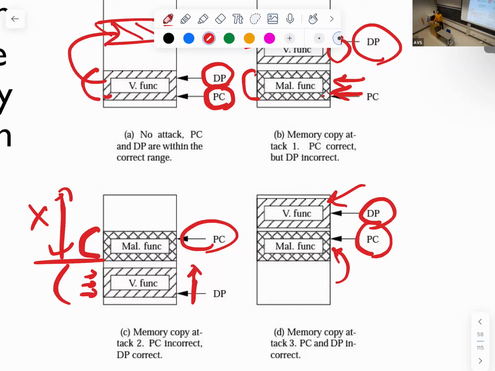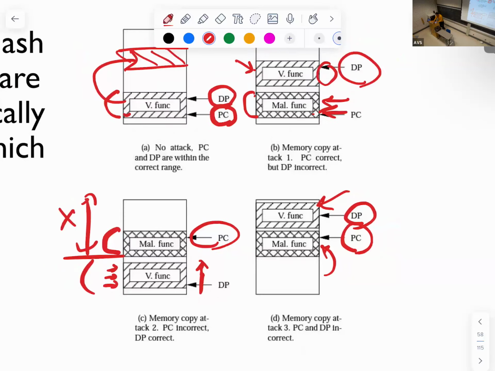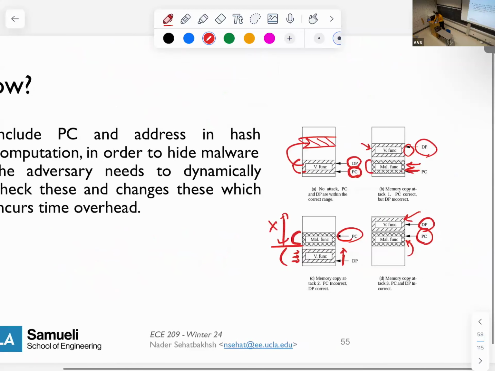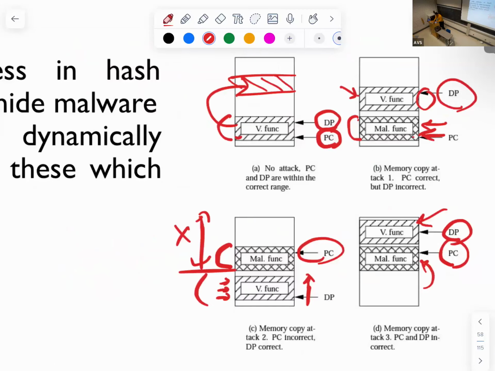Other questions? All right. So exactly as I said, given that there are these potential adversarial scenarios, I need to enforce and make sure that the only thing that is possible to happen is this scenario. Anything else we should be able to detect. How do we detect it?